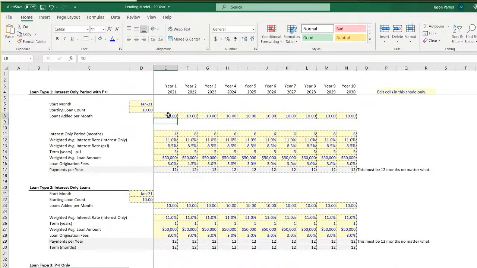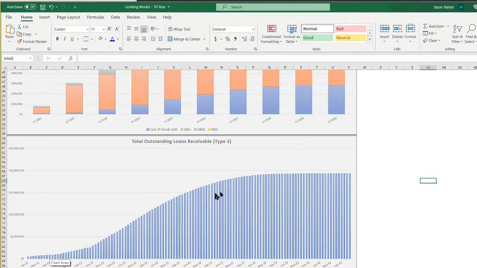If we increased, let's say you started with like one loan a month and then did like three and then eight and then 10, yeah, then you see a little bit of a low and then a steep ramp. That's kind of cool. I don't know if we want to stack this with other things.